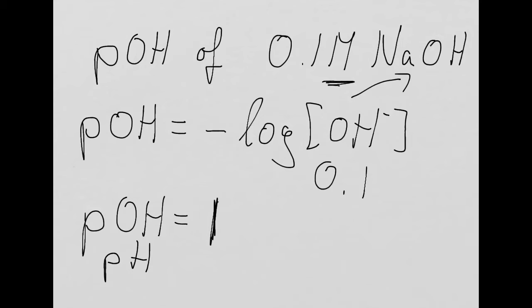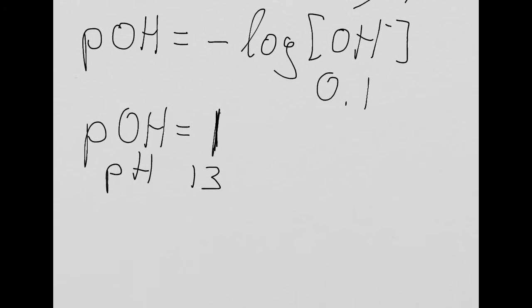What's the pH? 13. Exactly, because 13 add 1 from the pOH gives us the magic 14. Pretty simple and straightforward, isn't it?